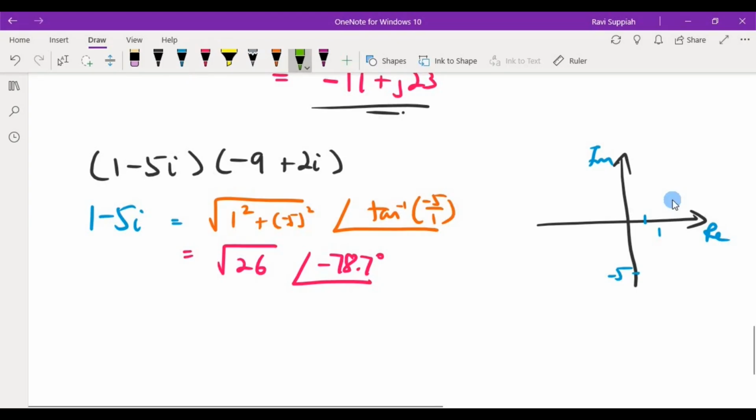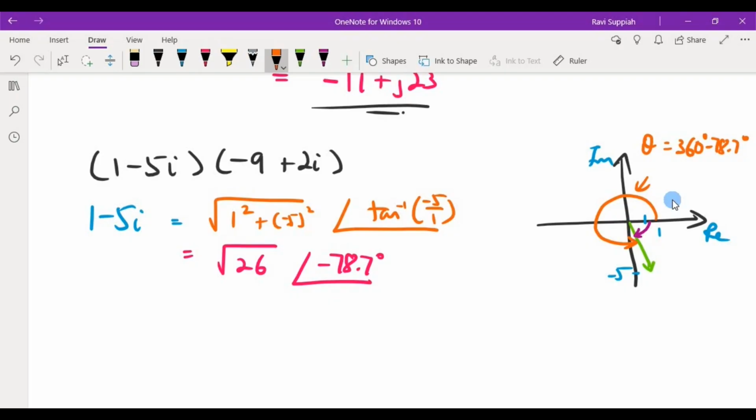Okay, so I would have drawn it this way, which means this angle negative 78.7 is actually representing from here going in this direction. So the actual theta is actually in this direction. Correct, so theta in this case is equals to 360 degrees minus 78.7 degrees.